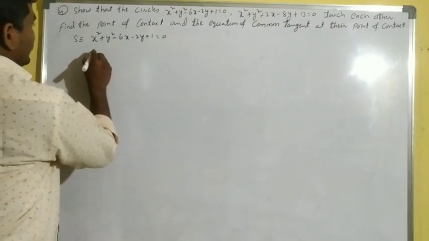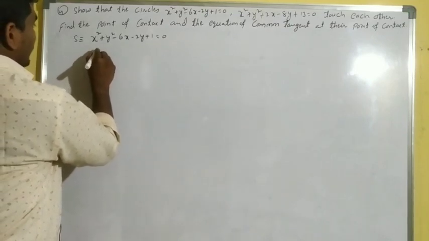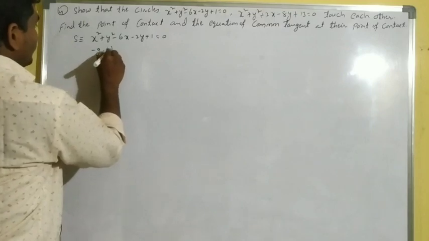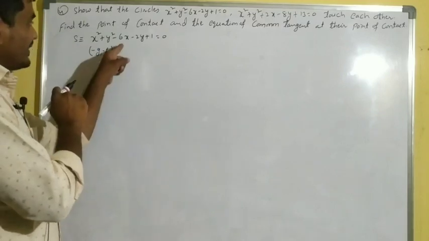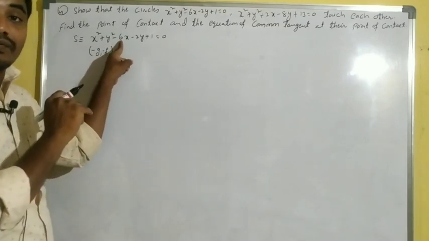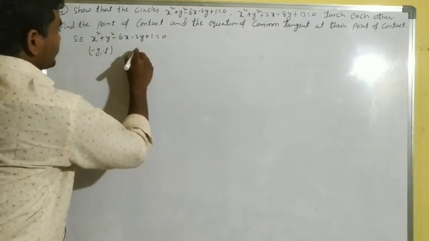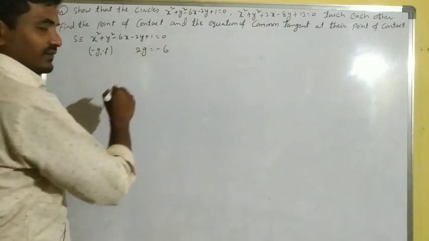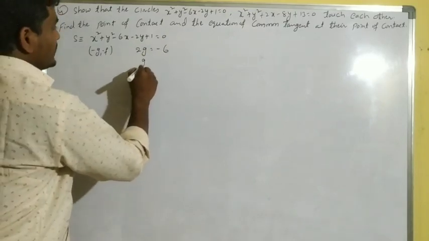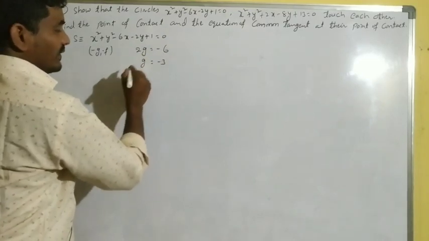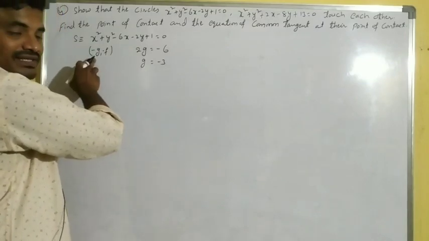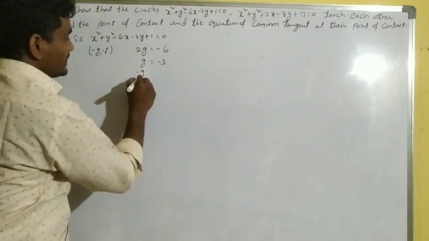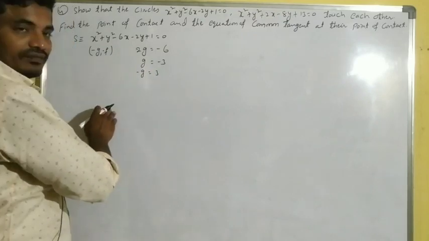Okay, the center has a formula: minus g comma minus f. Here 2g equals minus 6, so g equals minus 3, but we need minus g, so minus g equals plus 3.